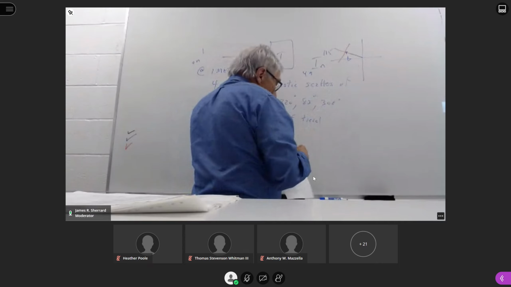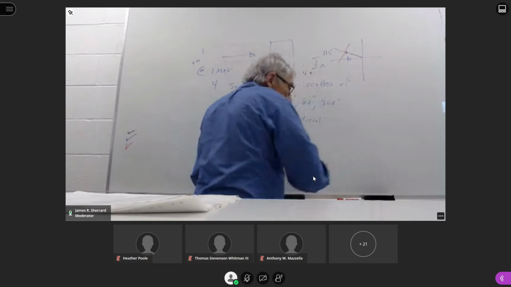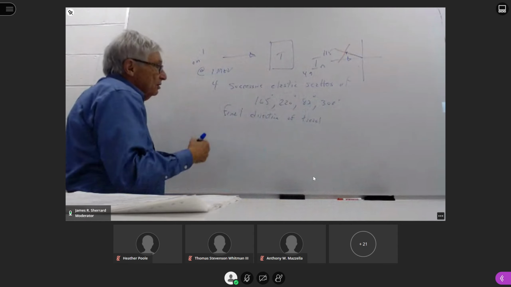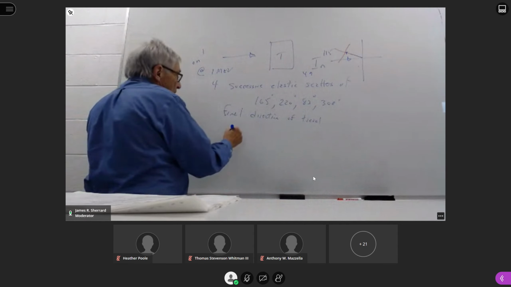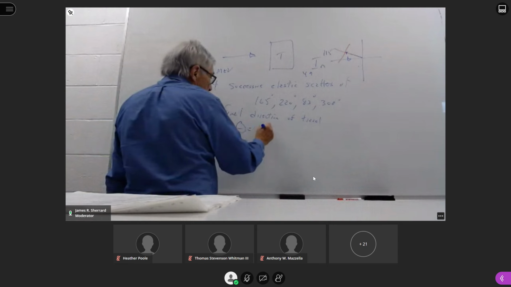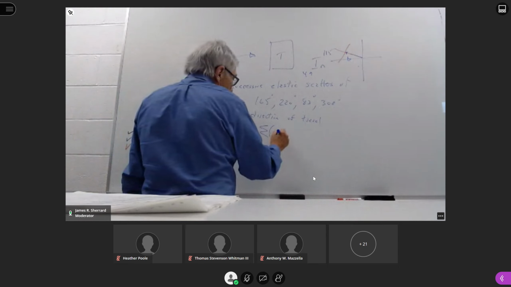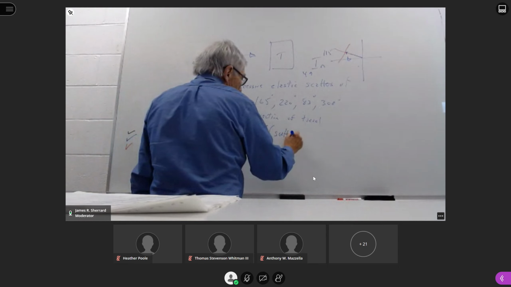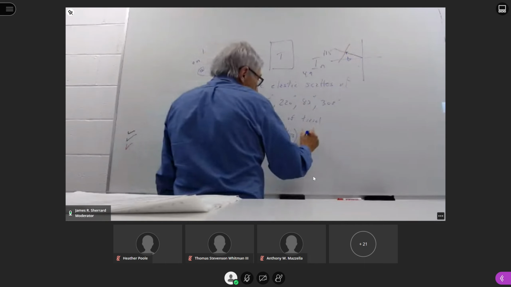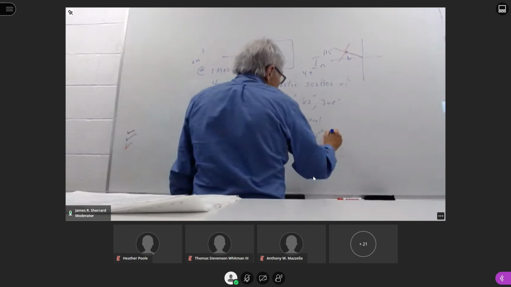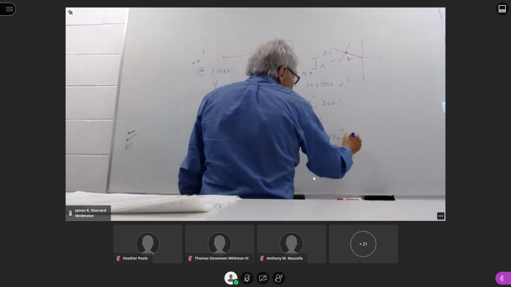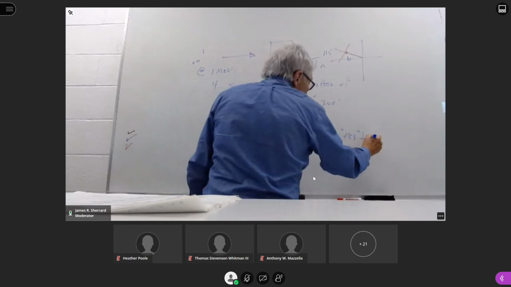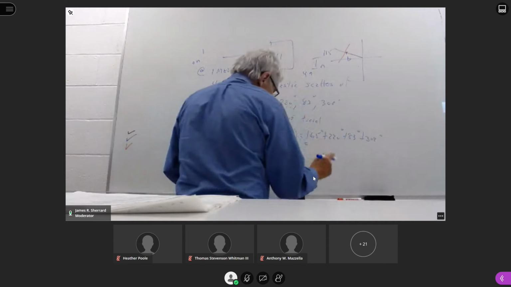Realizing that this is the beauty of the center of mass system, we know the final direction of travel is just a summation of all the scatters. So in this case, it's 165 degrees plus 220 degrees plus 83 degrees plus 308 degrees.